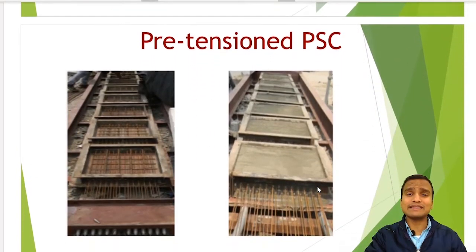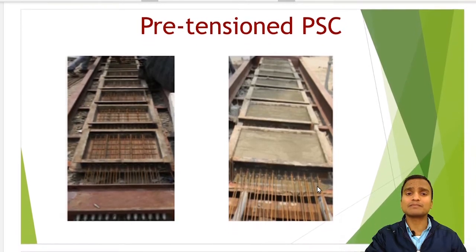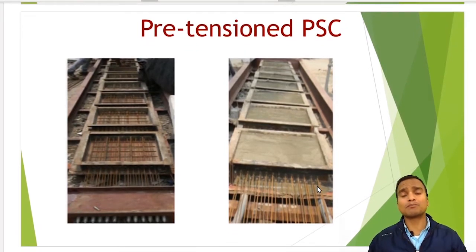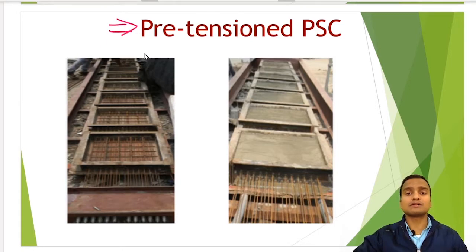One is pre-tensioning, the other is post-tensioning. Both are prestressed concrete only. Let us take first the pre-tensioning, and then we will discuss the post-tensioning. In pre-tensioned prestressed concrete, the first stage is tensioning the steel.